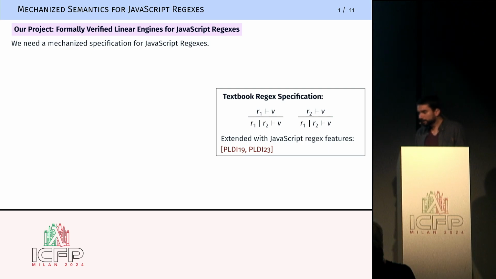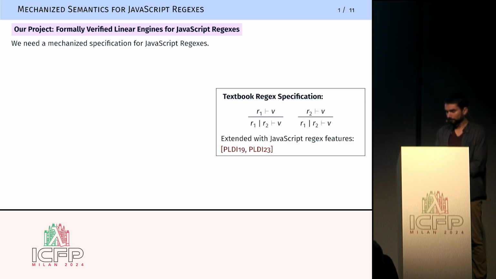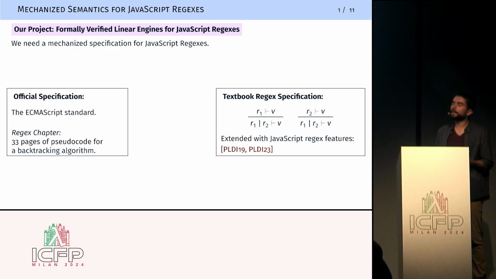And we've even seen in previous work that this kind of model with nice inference rules can be extended to support the features of JavaScript regexes that I will present in a moment. However, this is not the kind of specification we want, because there already exists an official specification of JavaScript, the ECMAScript standard, a reference document that specifies how to execute the entirety of the JavaScript language.